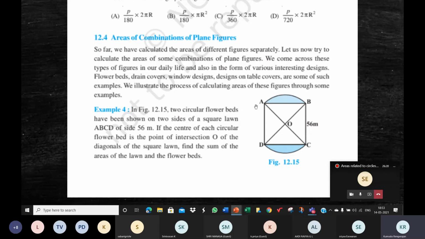So ABCD is a square lawn, a square garden of side 56 meters. Two circular flower beds. They're talking about this portion which looks blue, and this one.